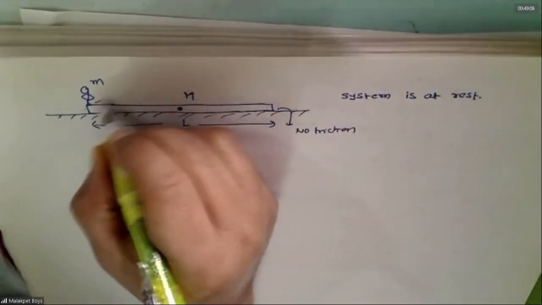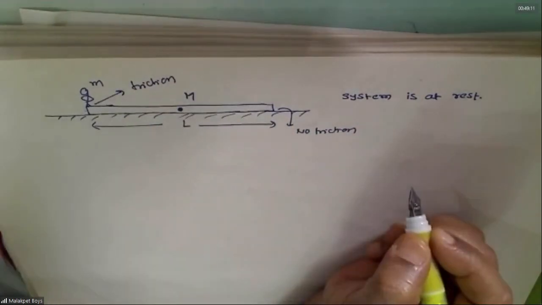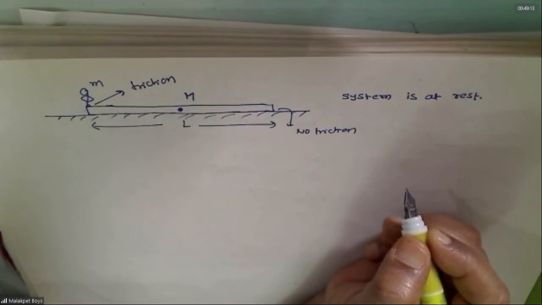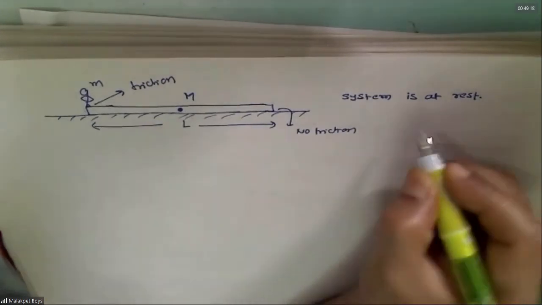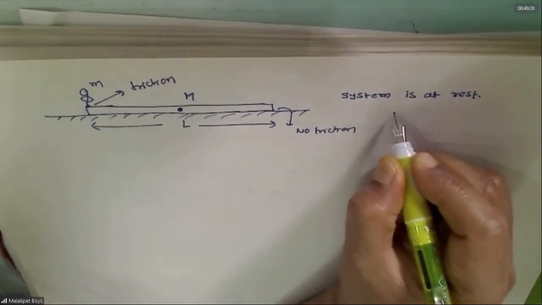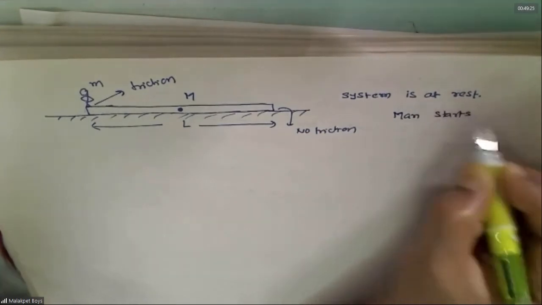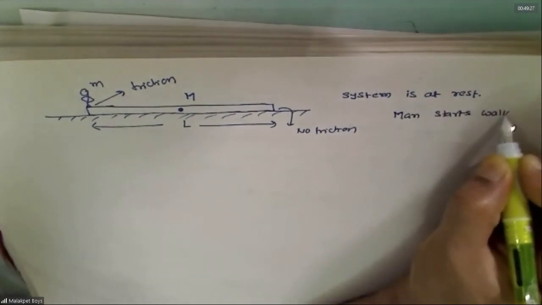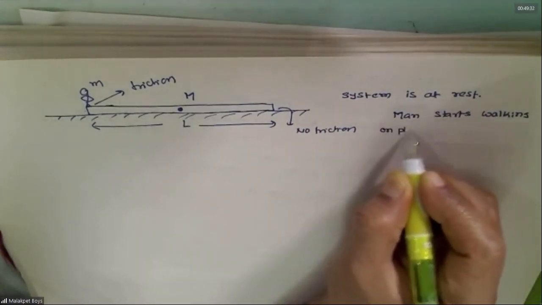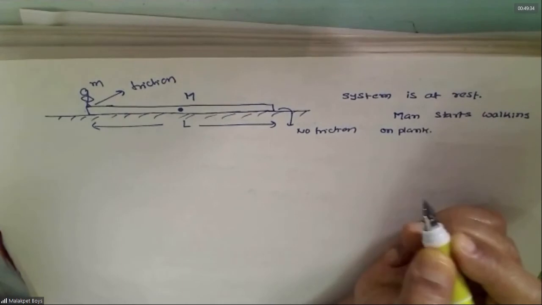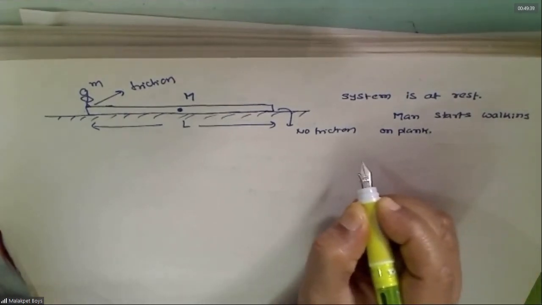There is friction here. Now the man starts walking. Find the distance moved by the plank.